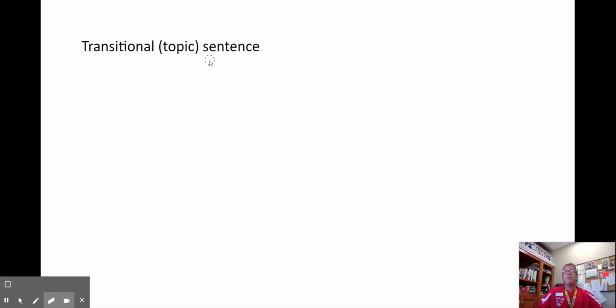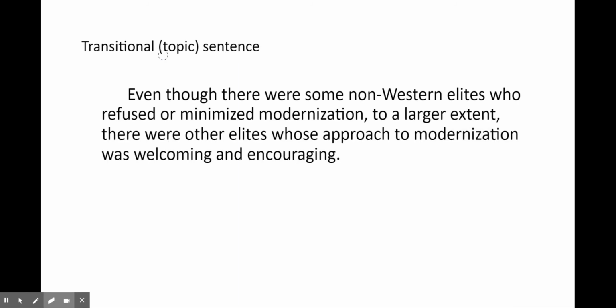And the first thing I'm going to do is have a transitional sentence, which is my topic sentence as well. So keep that in mind. Even though there were some non-Western elites who refused or minimized modernization, again, I'm alluding to the paragraph we just left, which was paragraph 3, the Chinese and the Russian approach to a larger extent. Again, I'm continuing with that word extent because that's in the prompt. There were other elites whose approach to modernization was welcoming and encouraging.